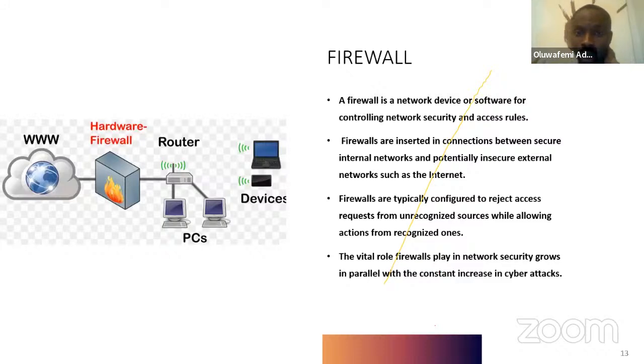You can't come into my network except you have proved yourself, or you agree to certain rules that are defined in the network. Those are access rules. So firewalls are inserted in connections between a secure internal network and potentially insecure external networks, such as the internet. One of the first things you have to understand is the internet is insecure.